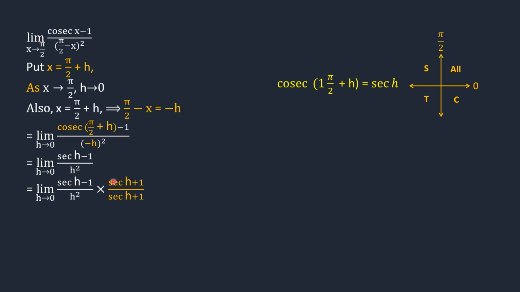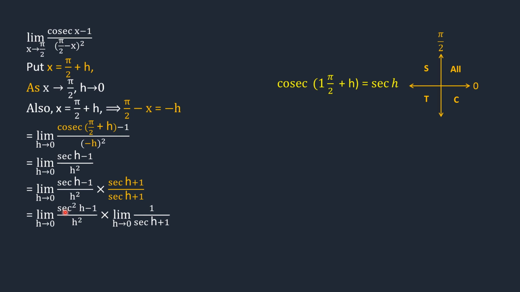Now we will carry out the product of the numerator according to the identity a minus b multiplied by a plus b equals a squared minus b squared. So that will be limit sec square h minus 1 divided by h square multiplied by limit 1 over sec h plus 1 as h approaches 0.